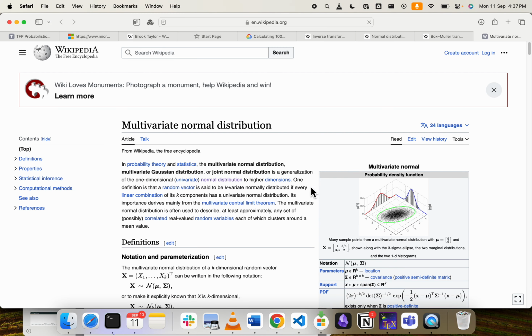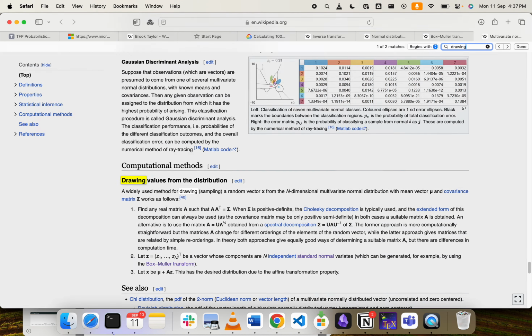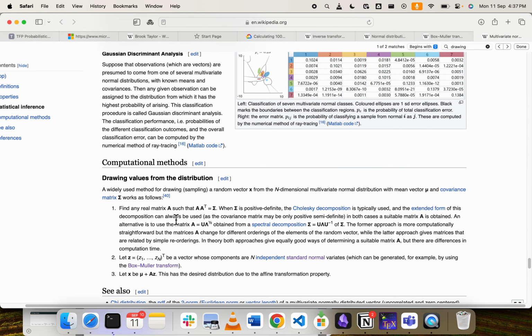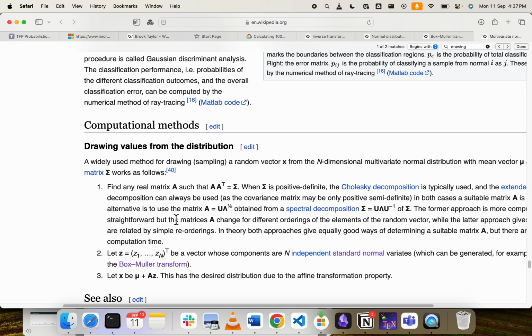So we'll again go back to just the multivariate normal distribution and drawing values. We want something which is equivalent of the square root of the covariance matrix, right? So in the univariate case, sigma is the square root of the variance. Here's the Cholesky decomposition of the covariance matrix.